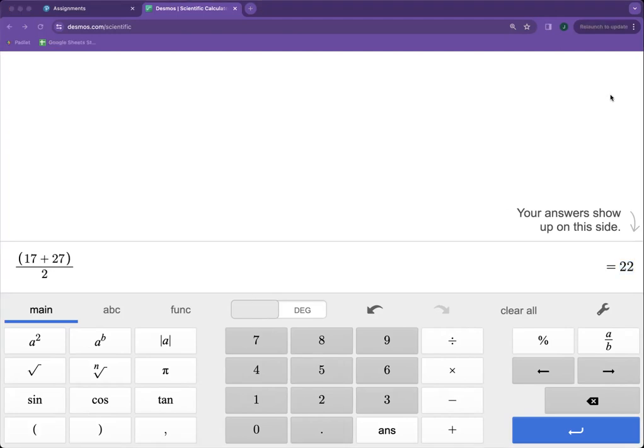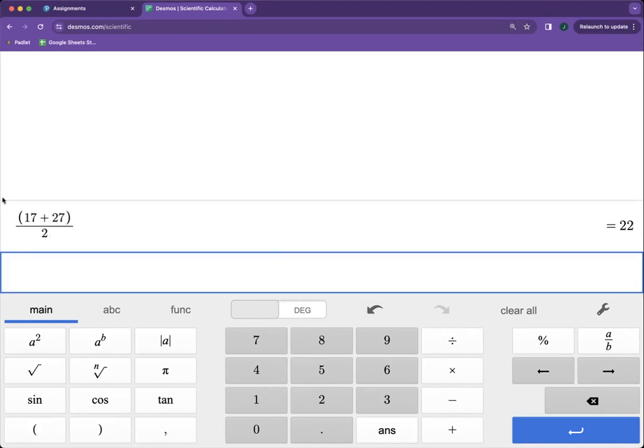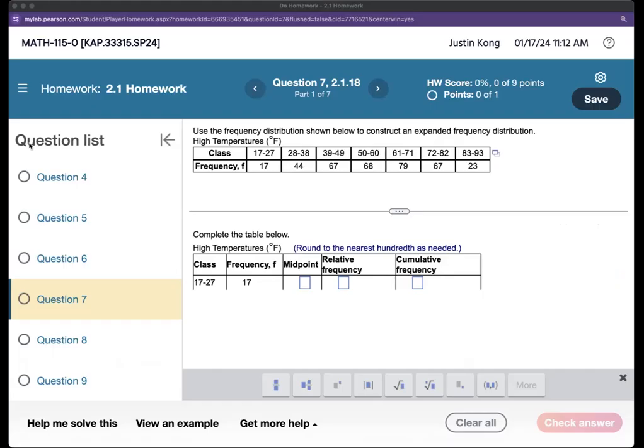Next is the relative frequency. To figure out relative frequency, first you need to figure out how many total things were recorded in your data. To do that, you just add up all the frequencies you have. Referring back to my table here, the total frequency would be the sum of all these: 17 plus 44 plus 67 plus 68 plus 79 plus 67 plus 23.